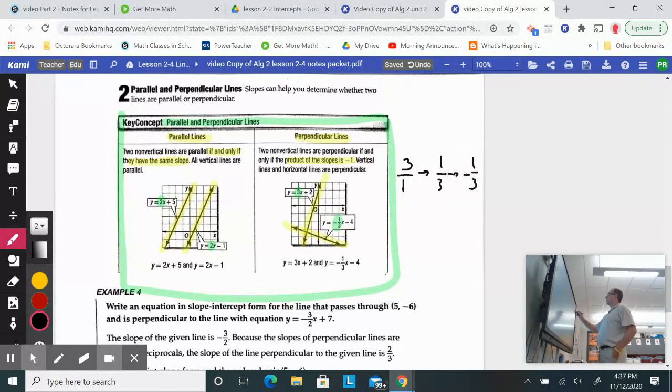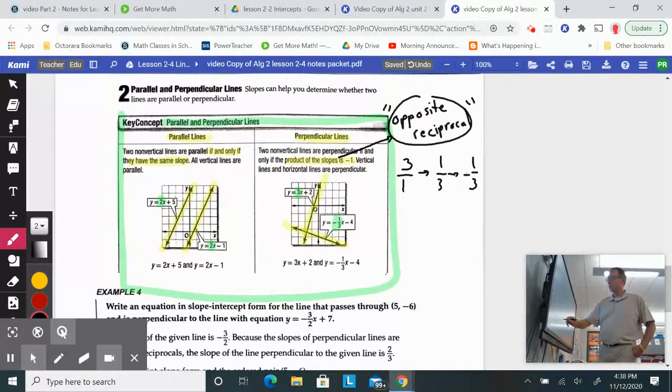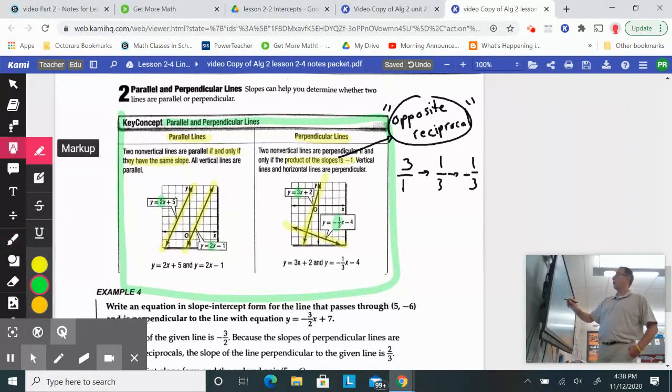Another way to say this, and write in the notes, is the opposite reciprocal. Let me pause it and write it in there so it says opposite reciprocal. So you can see what I wrote here.